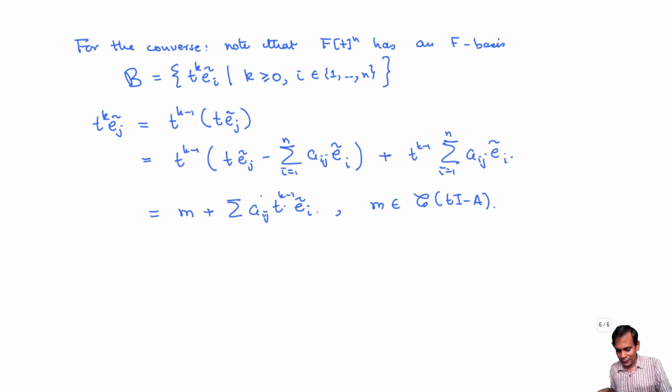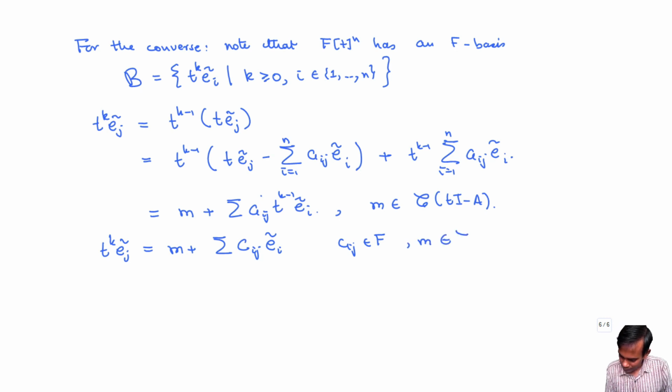At the end of the day, what I'll get is that t^k e_j tilde is equal to m plus some vector of the form summation c_ij e_i tilde, where these are just scalars c_ij, where c_ij belong to F. Step by step reducing the degree, and m is in the column space of tI minus A. So this can be done for every basis vector, and therefore it can also be done for every vector in F[t]^n.